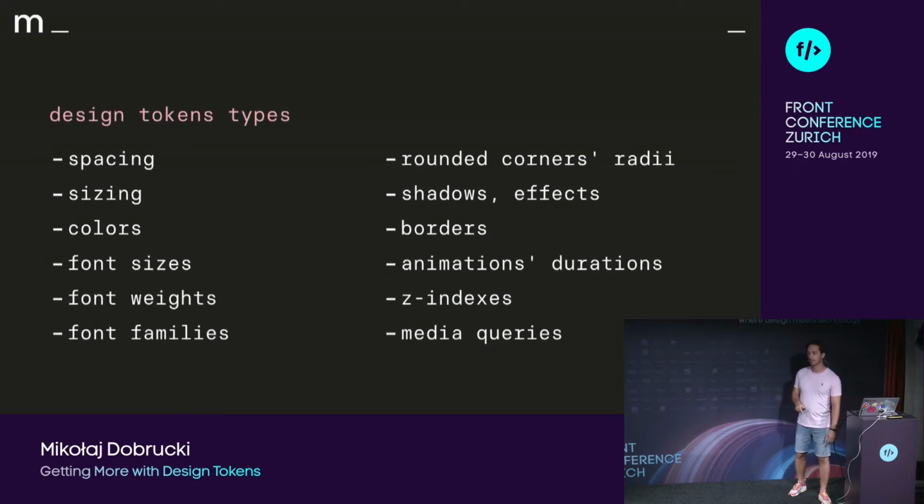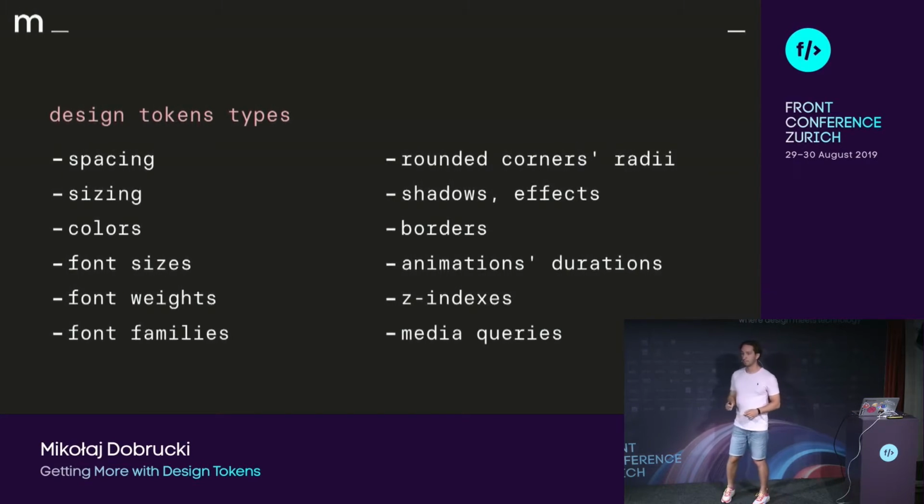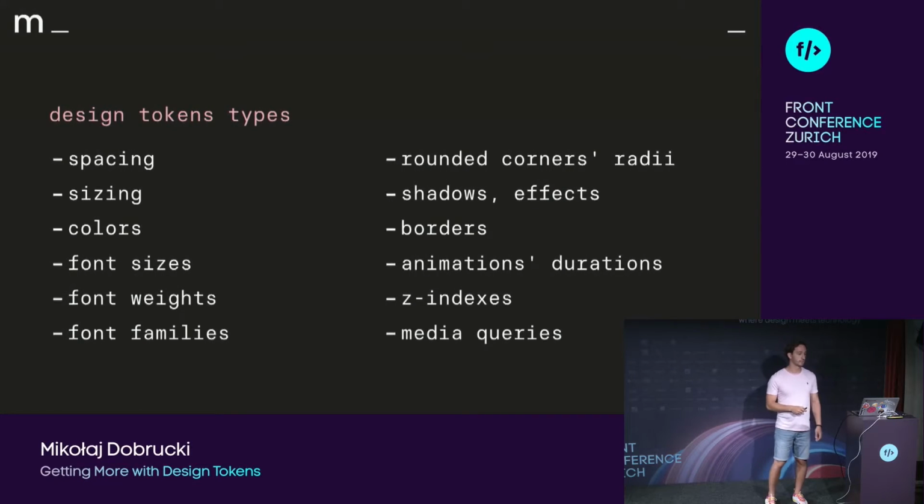First of all, the things that you define in your design tool: spacing, sizing, typography, colors. Those are all the most popular design tokens. But there is also much less tangible stuff that we still use as design tokens, such as animations or z-indexes or even media queries.